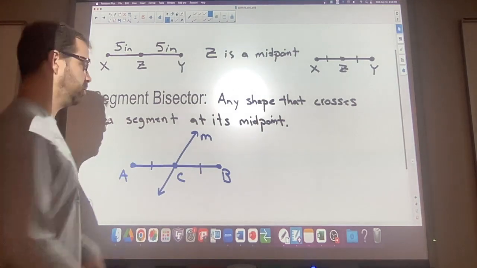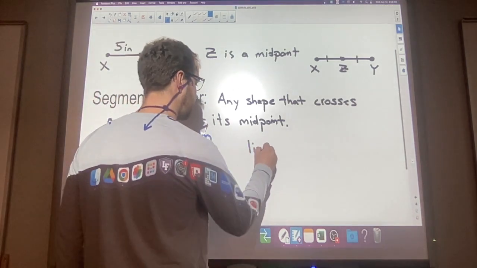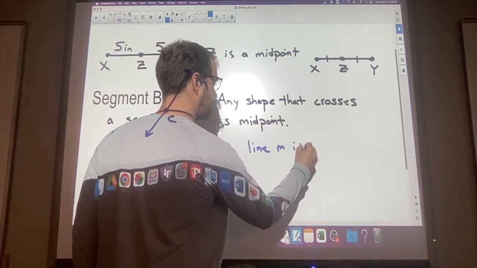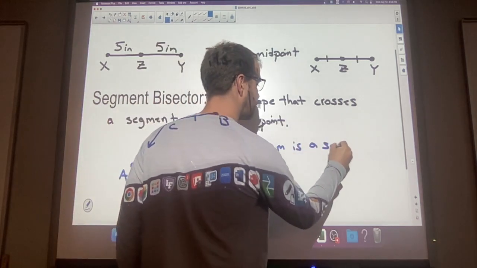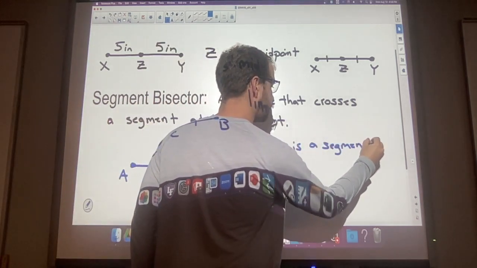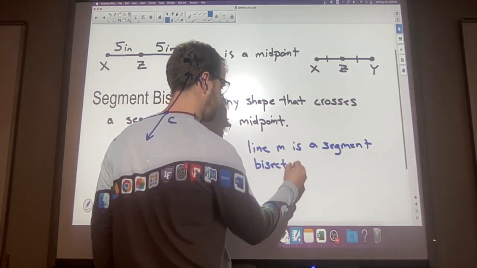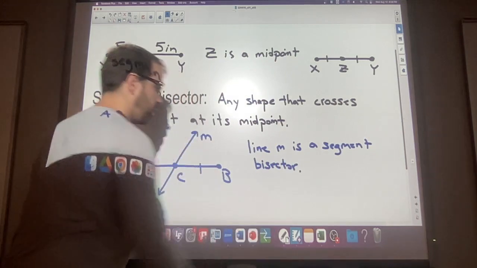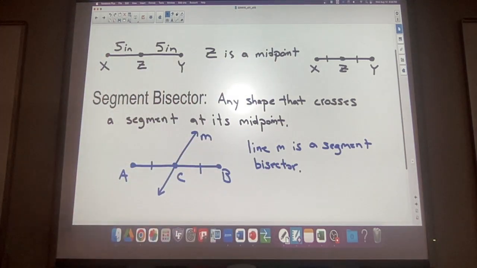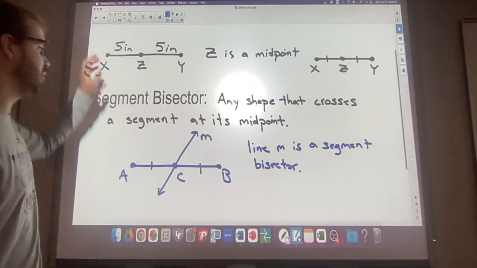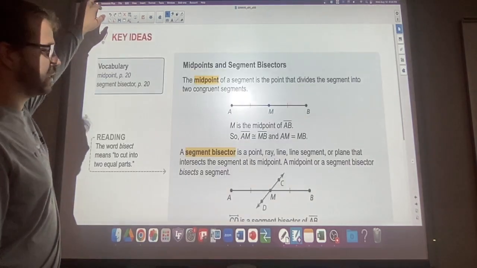Okay, so we would say that line M is a segment bisector. All right, very good. So we know midpoint, segment bisector. Now we can talk about the formula for midpoint, which speeds things up quite a bit.